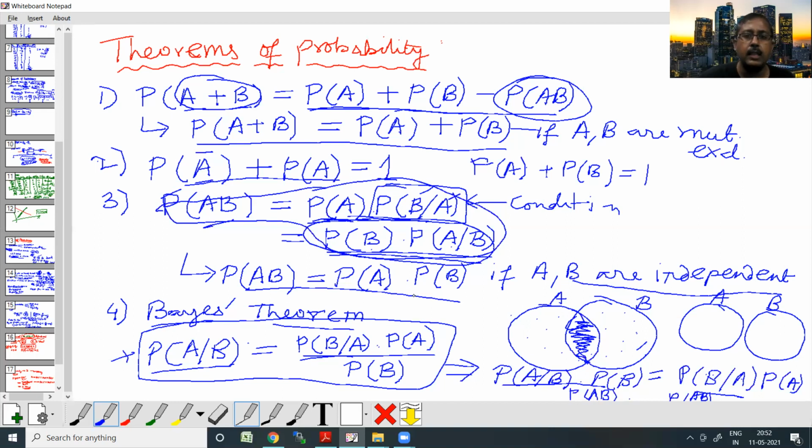So these are the primary theorems, and you can refer to any standard book on statistics. You can get the proof of each and every one of these theorems. There are very straightforward proofs. Also, very simple proofs using the set theory, right?